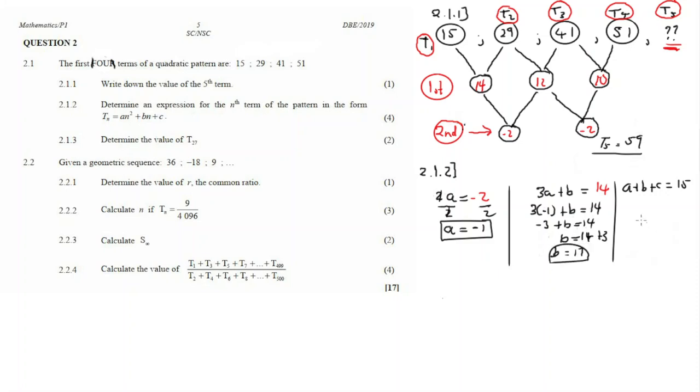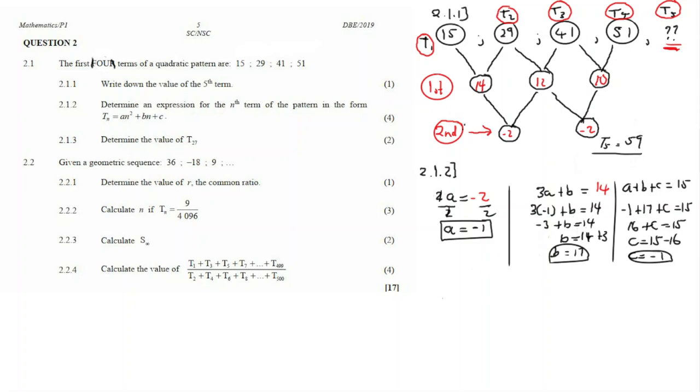Then for c, using a plus b plus c equal to 15, a is minus 1, b is 17, so it's going to be 16 plus c equal to 15, c is equal to 15 subtract 16. C is equal to negative 1.